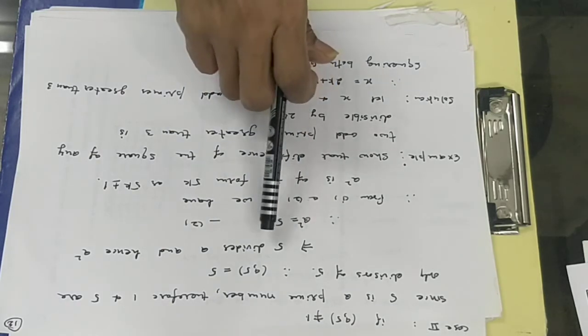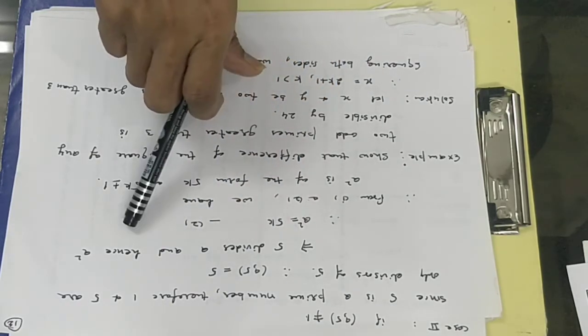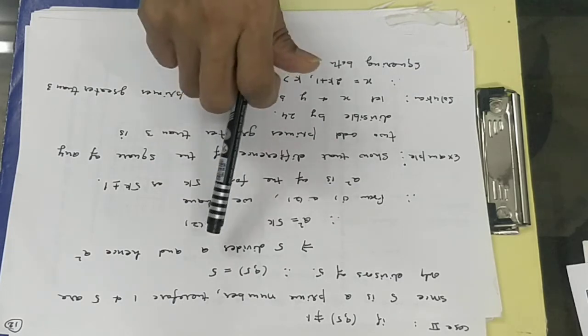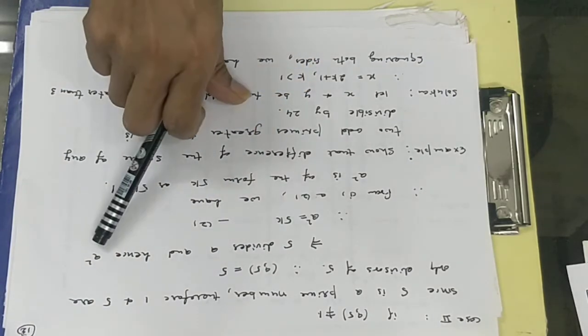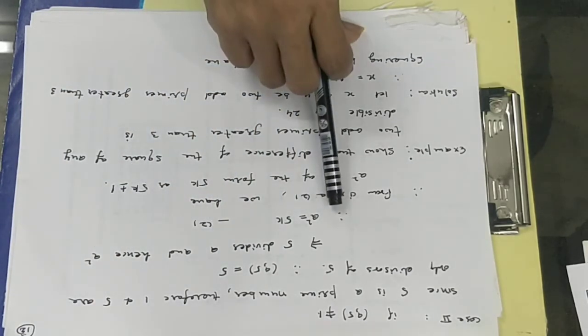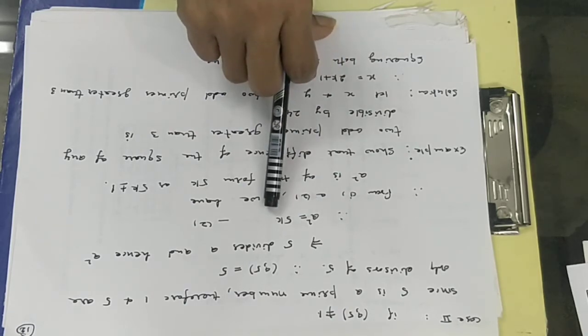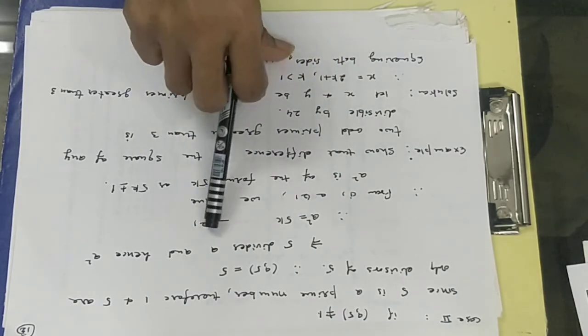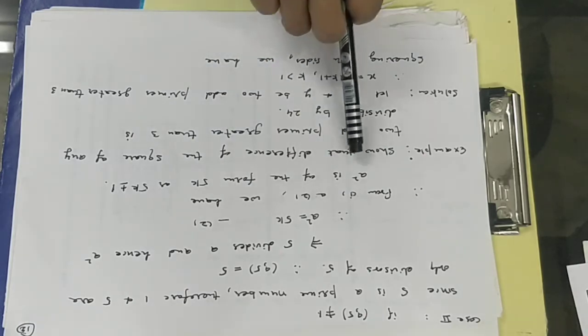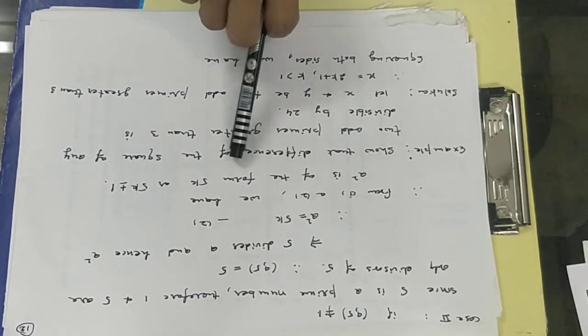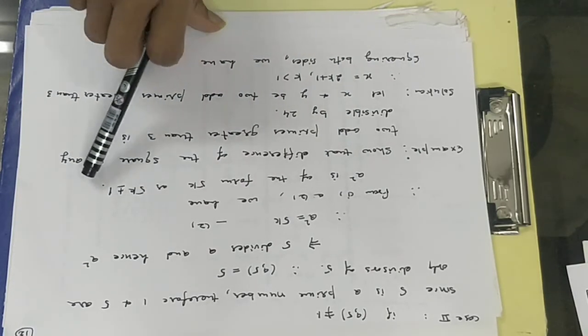So this implies 5 divides a, and hence since 5 divides a, it will also divide a square. Therefore a square is equal to 5k. Let it be number 2. Now from 1 and 2 we can conclude that a square is of the form 5k or 5k plus minus 1.